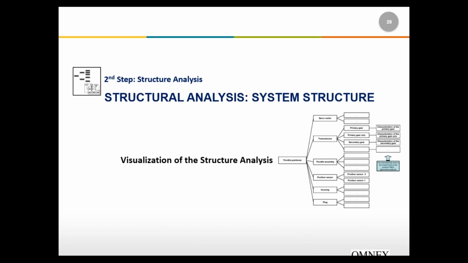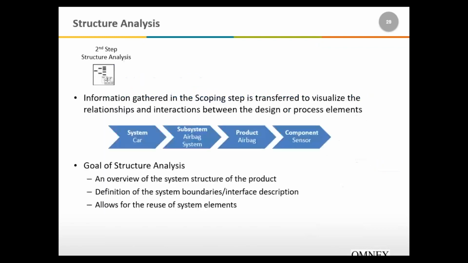Go ahead, Greg. Okay, the structure analysis is really a graphical, well, in complex problems, it would probably be best to use some type of graphical interface. But really, it's trying to show what is the cascading, what is the flow down, what products are at each particular level.